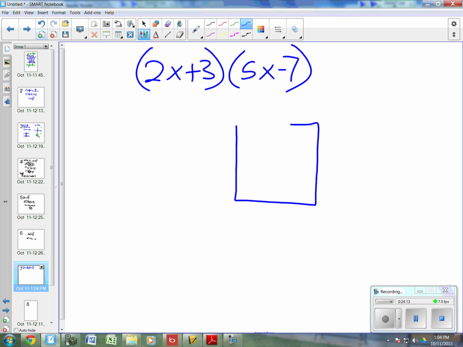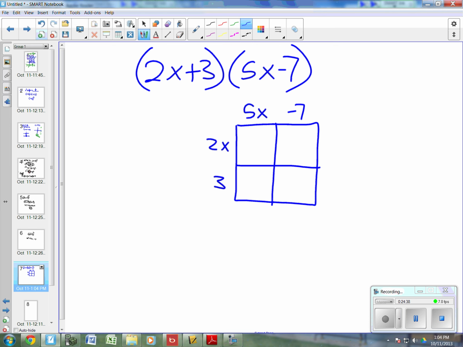They make a 2 by 2 square and write one of the factors along the side: 2x on top, 3 on the bottom, and 5x and negative 7. And they fill in this box.